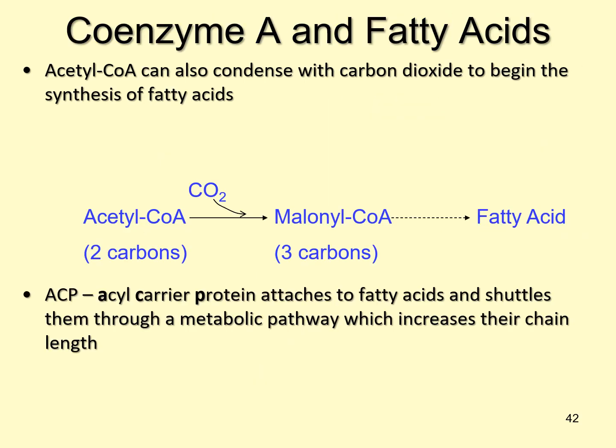Acetyl-CoA can also be condensed with carbon dioxide to begin the synthesis of fatty acid. As I mentioned before, acetyl-CoA is always the starter unit for the synthesis of what? Fatty acid. Acyl carrier protein, ACP, is attached to the fatty acid and shuttles it through the metabolic pathway, which increases its chain length, which increases what?